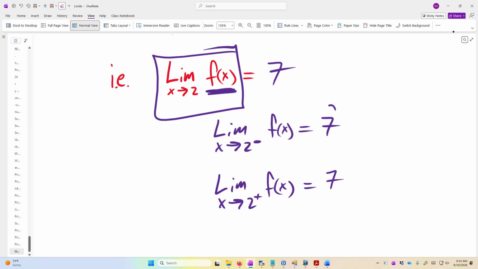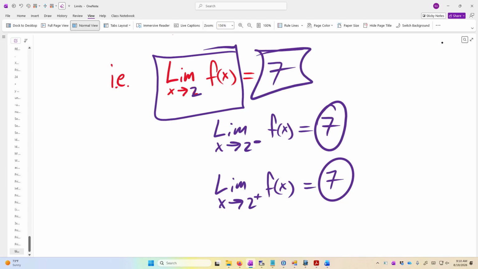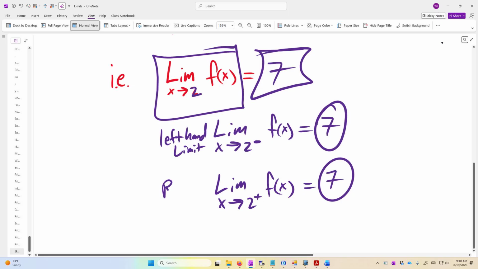If these both are the same number, this limit, which is just approaching 2, not from the left, not from the right, but both sides, is equal to 7 as well. So this is called a left-hand limit. It's called the right-hand limit.